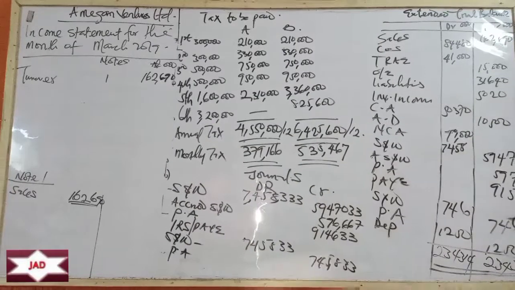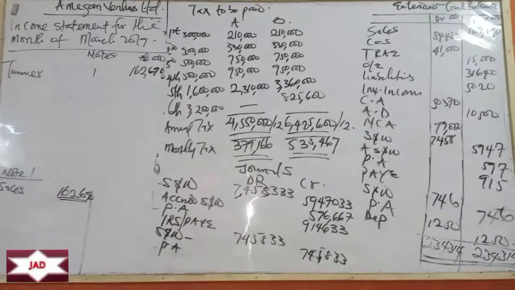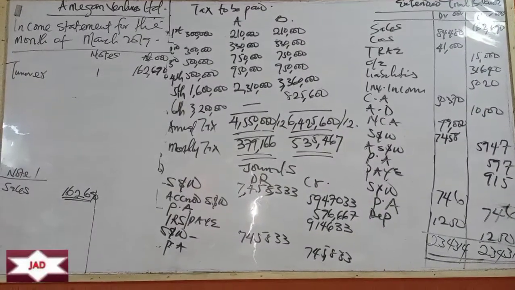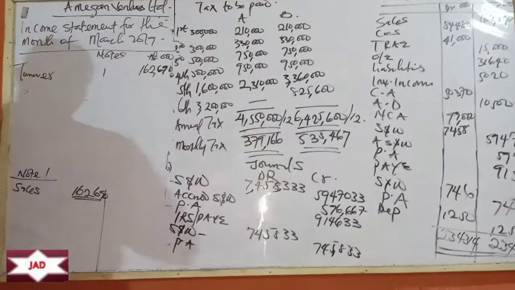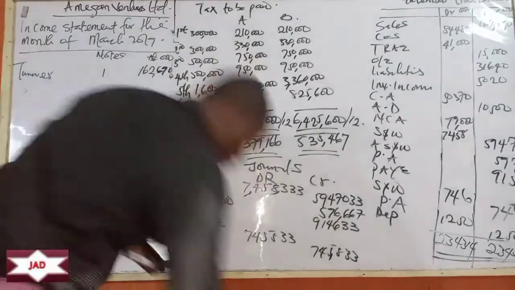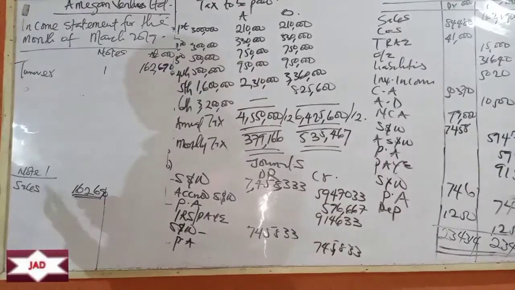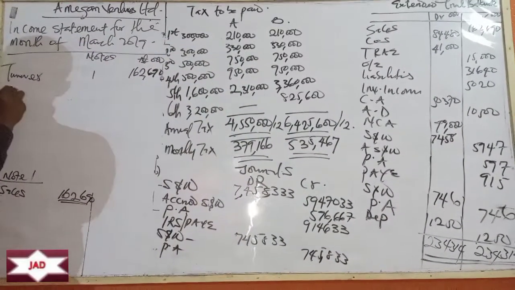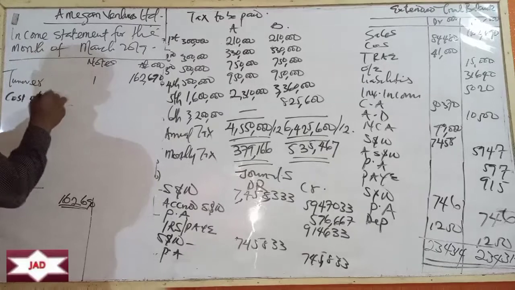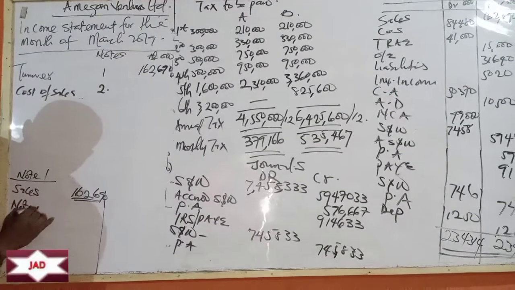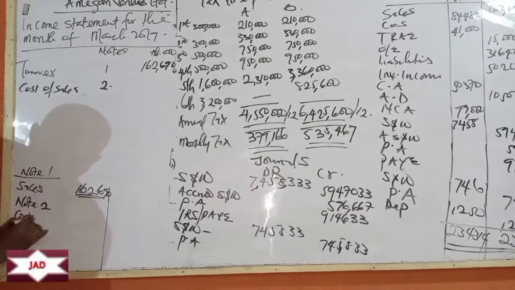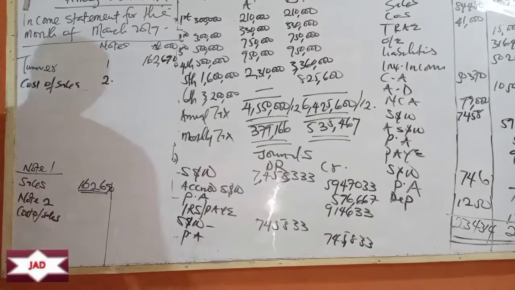So that's the sales. What's the next one there? Cost of sales, note 2. What's the cost of sales in the question?